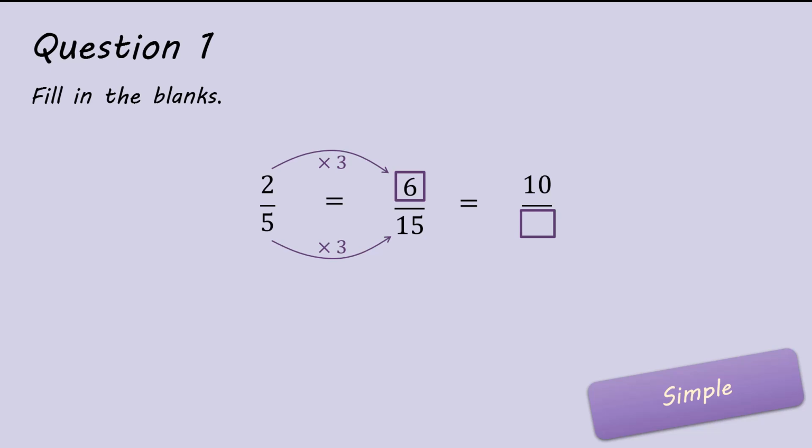To find the denominator where the numerator is 10, think about what to multiply by to go from 2 to 10. We multiply by 5, so multiply the denominator by 5 to give 5 times 5, which is 25. Therefore, 6 over 15 and 10 out of 25 are both equivalent to 2 over 5.